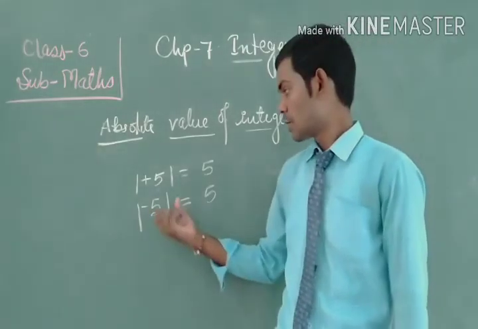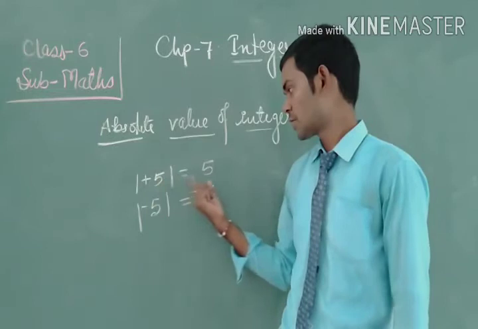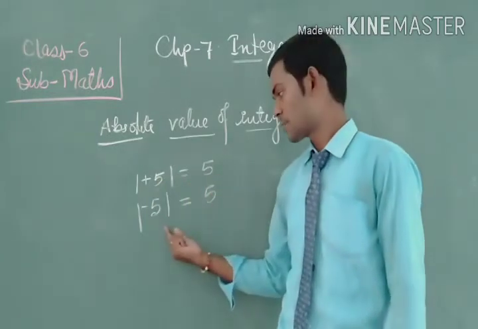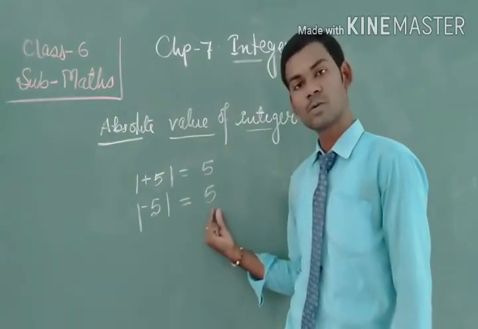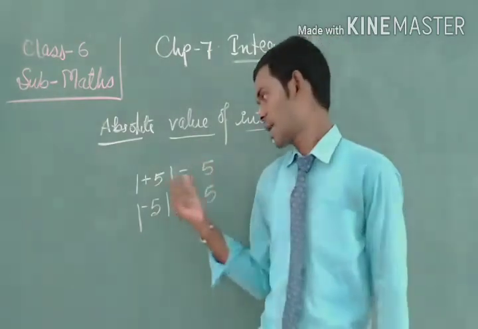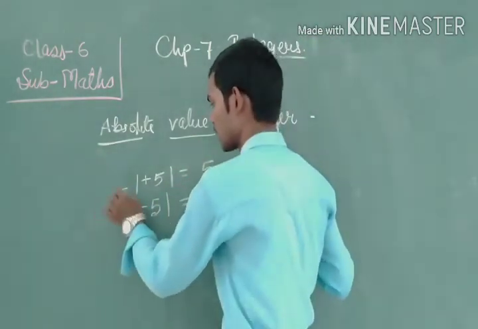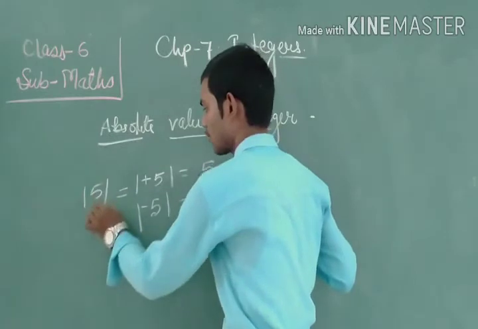So we write the absolute value of plus 5 is equal to 5 and the absolute value of minus 5 is also equal to 5. Sometimes plus 5 can also be written as only mod of 5.